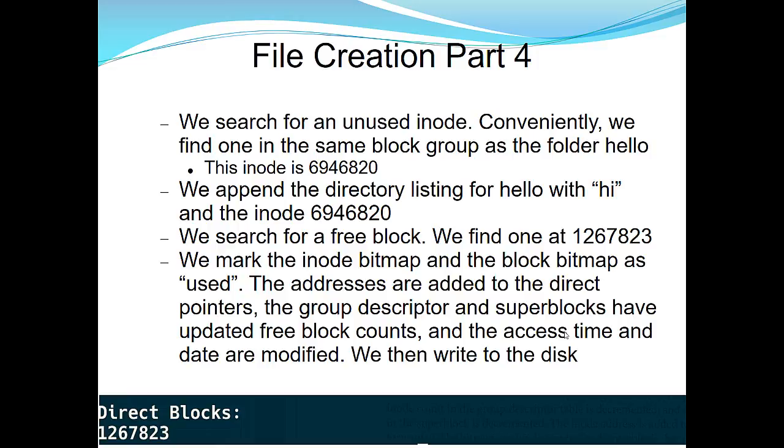We search for a free block. We find one at 126.7823. We mark the inode bitmap and the block bitmap as used. The addresses are added to the direct pointers. The group descriptor and superblocks have been updated. Free block counts, the access time and the data are modified. We then write the content to the disk.